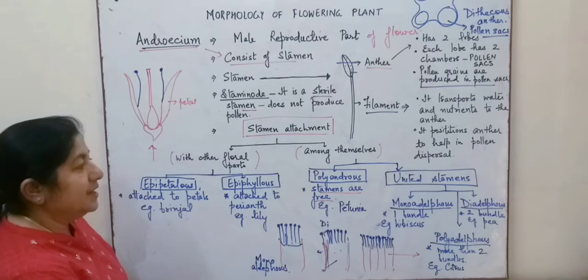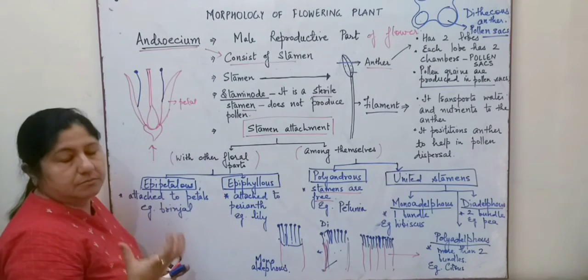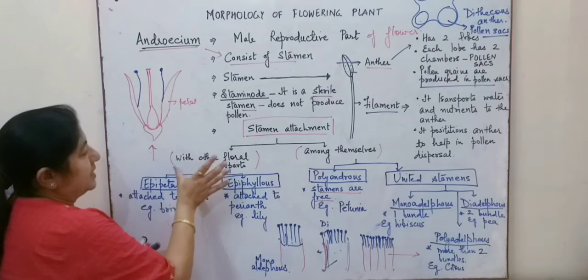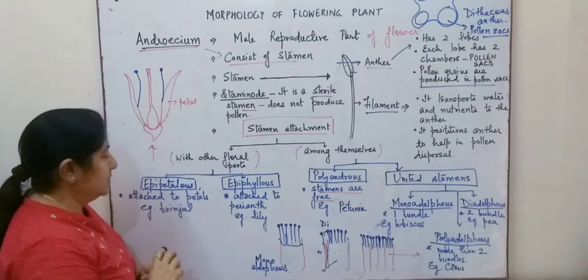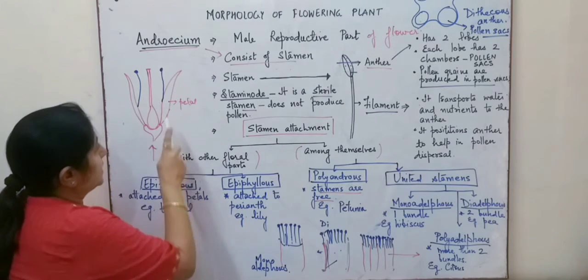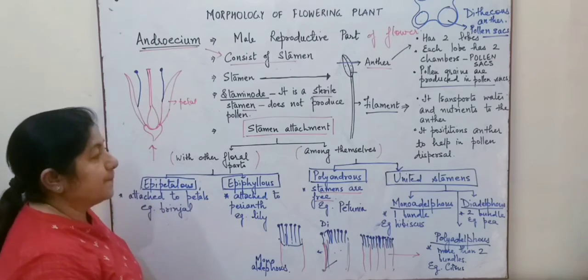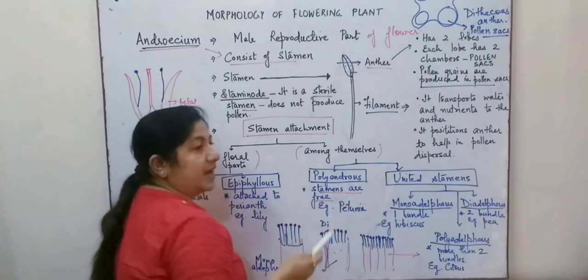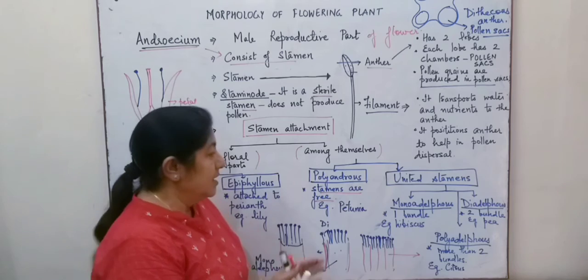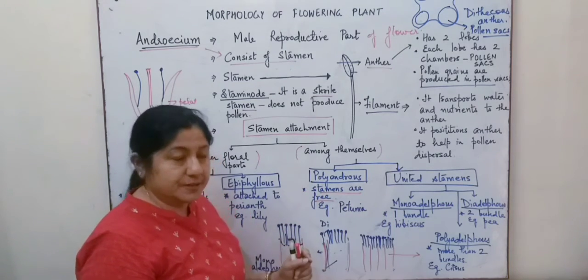So we find that depending upon the attachment of the stamen, it may be attached to other floral parts. When it is attached to the petals, it is the epipetalous condition. When it is attached to the perianth, then it is epiphyllous. And when they form a bundle, if they form one bundle, they are known as monoadelphous.